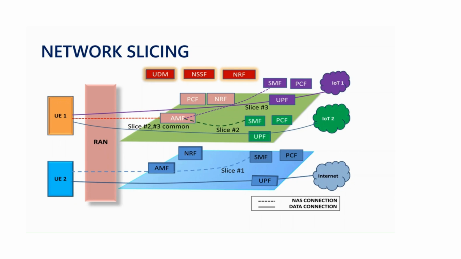So, for example, IoT devices can use dedicated slices, ensuring their connectivity and performance requirements are met in this particular concept of network slicing. Basically, this diagram demonstrates how multiple isolated virtual networks are created on a single physical infrastructure, each optimized for different types of users or services, enabling efficient, flexible, and scalable 5G network deployments.